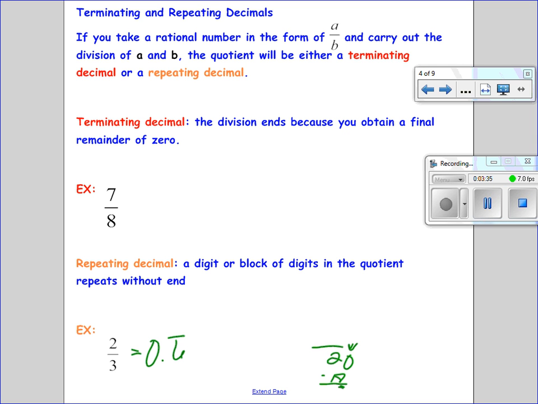So in our example of 7/8, that's a fraction. A fraction is a part of a whole. So your answer will be in decimal form because it is part of a whole. In this division problem, we're going to take 7 and divide it by 8. So when you're instructed to take a rational number and put it in decimal form, you divide the numerator by the denominator.